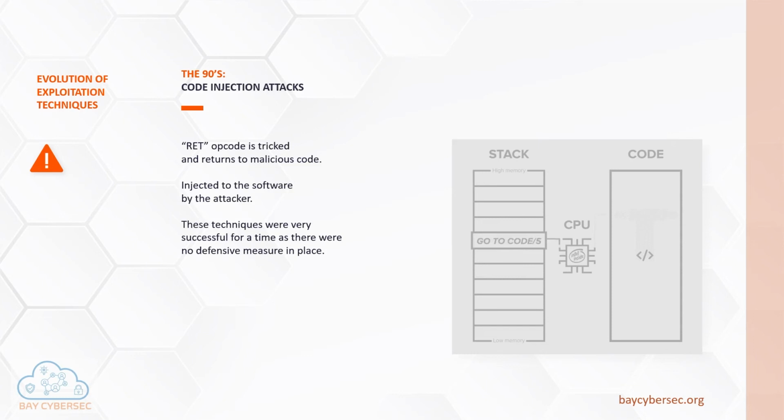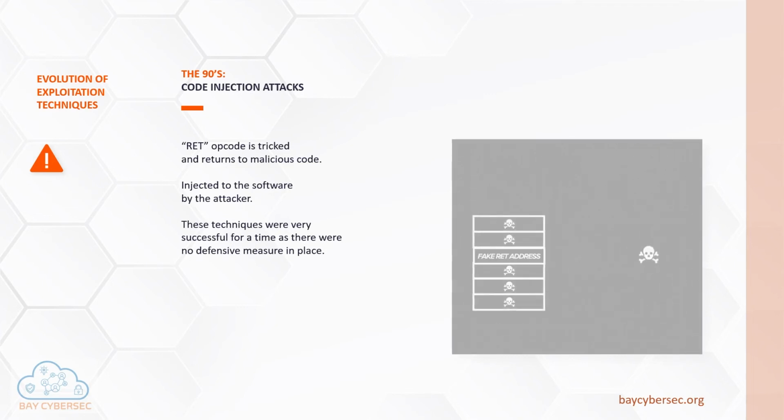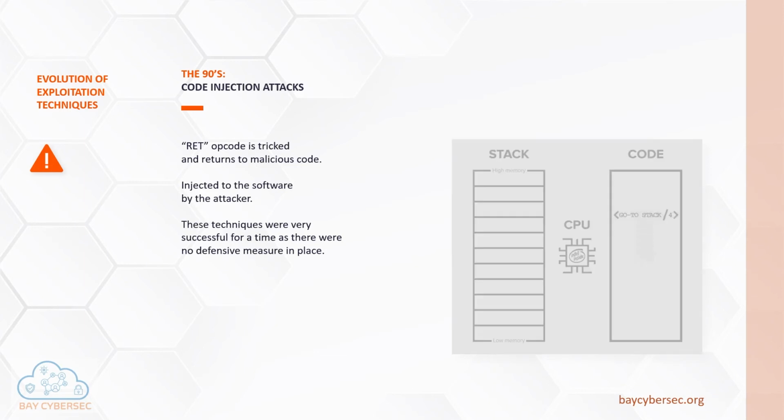stack-based buffer overflows work. Back in the 90s, Aleph One introduced in Phrack magazine an article called "Smashing the Stack for Fun and Profit," which opened everyone's eyes to buffer overflow attacks and how they work. Basically, the attacker can control input that is transferred into the program.